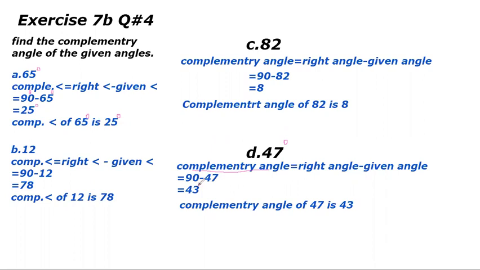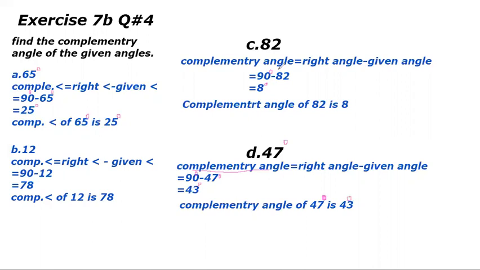It means that the complementary angle of 47 degrees is 43 degrees. Why is 43 complementary to 47? Because their sum is 90 degrees, and this is the definition of complementary angles: two angles are complementary if their sum is 90 degrees.